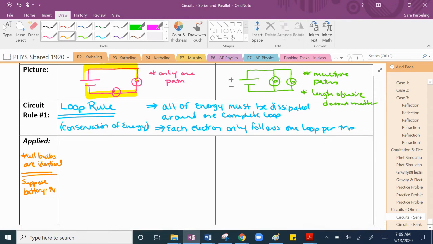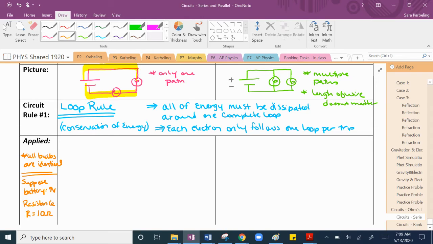And we're going to say that the bulbs are identical and that they have an operating resistance of 10 ohms, just to keep things simple. Okay. Now, there are caveats with all of this, but we're just keeping it simple. So we'll just leave it right there.